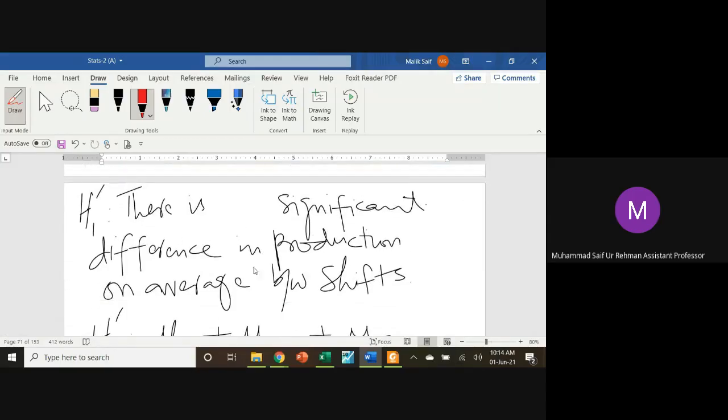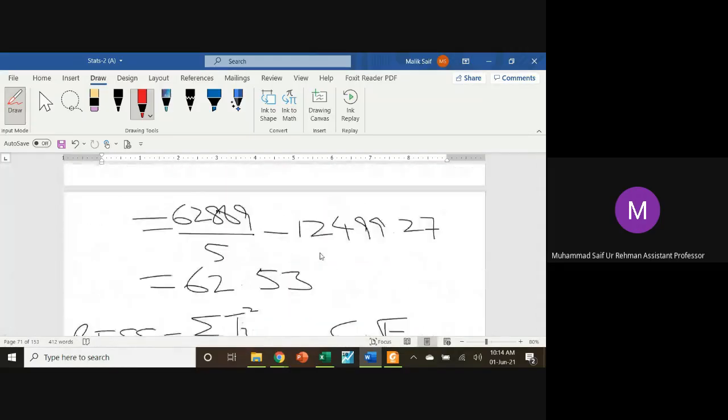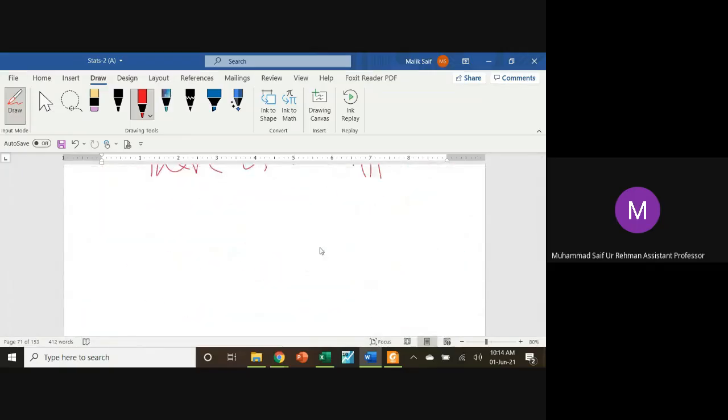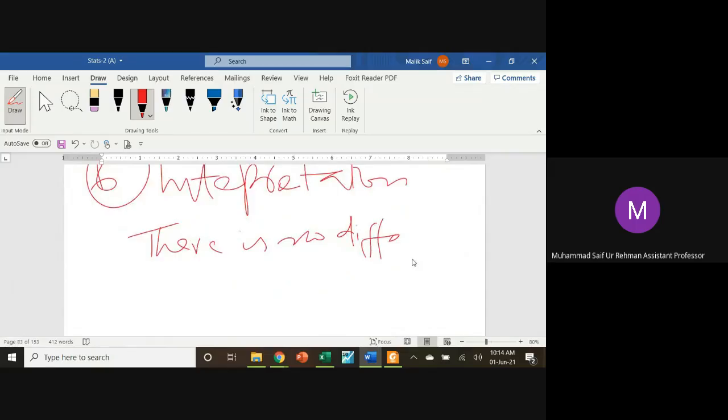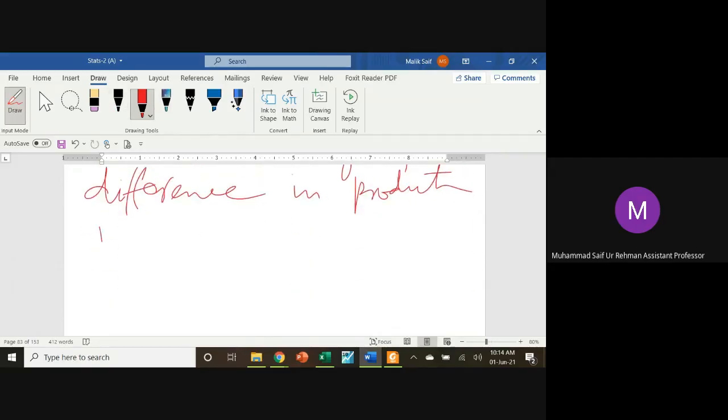So you can say there is significant difference in production between shifts. Understand?